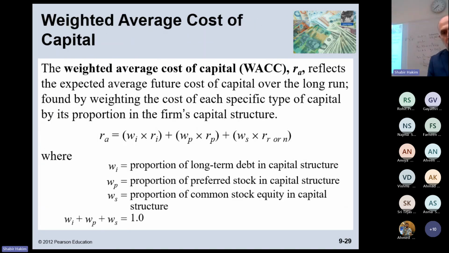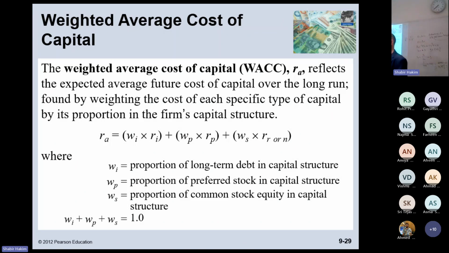Okay, last part is weighted average cost of capital. Now suppose we have three components of capital: debt, preferred stock, and common stock equity. If all three are on the balance sheet of a company, how can you find the weighted average cost of capital?